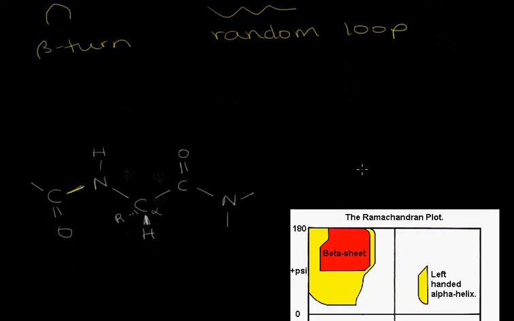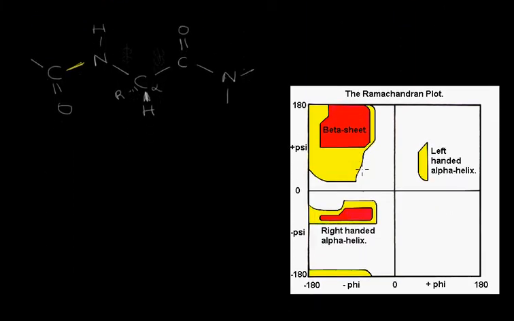So first off, let's go back and look at the amino acid structures themselves. Here we have the peptide bonds shown in yellow, and what you notice is that this carbon has a carbonyl. What that means for amino acids is that this bond is essentially planar. Similarly, the next peptide bond is also planar.